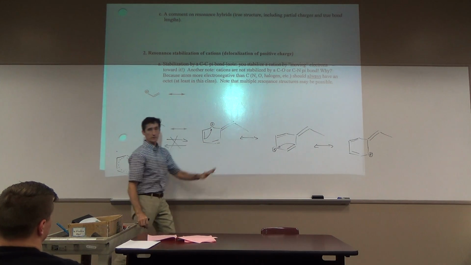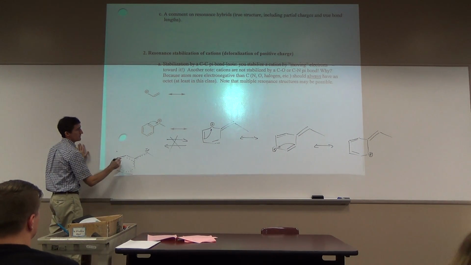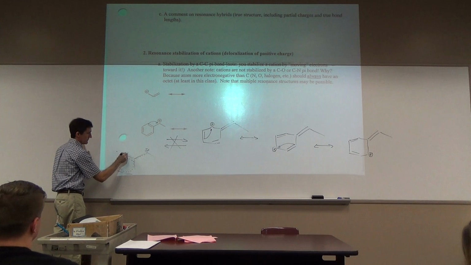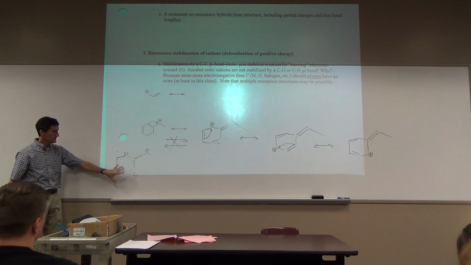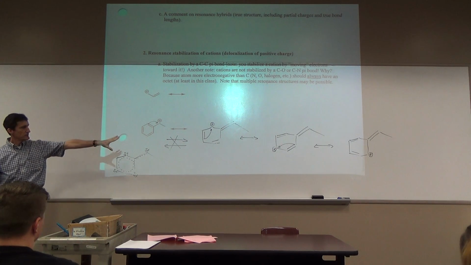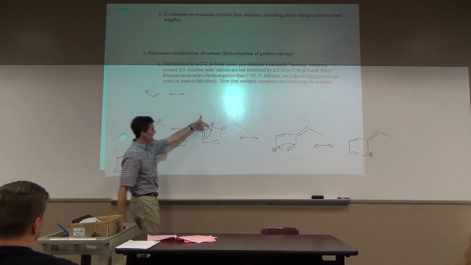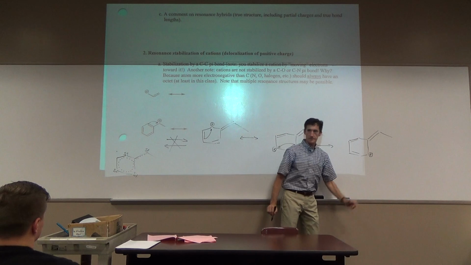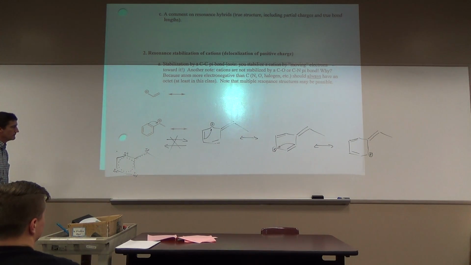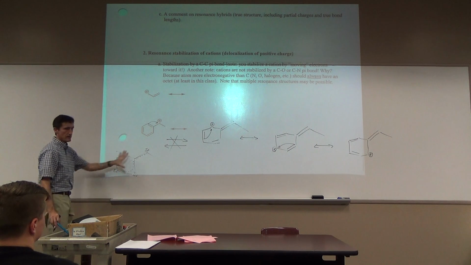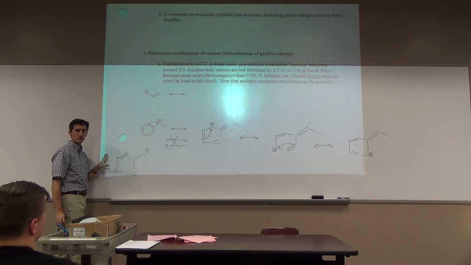It's no longer a full charge when we start delocalizing the electrons in the whole ring. To a degree, mainly on these three carbons here. But look at your resonance structures. Positive follows that carbon, and this carbon. You can see the compound, it would look like this.